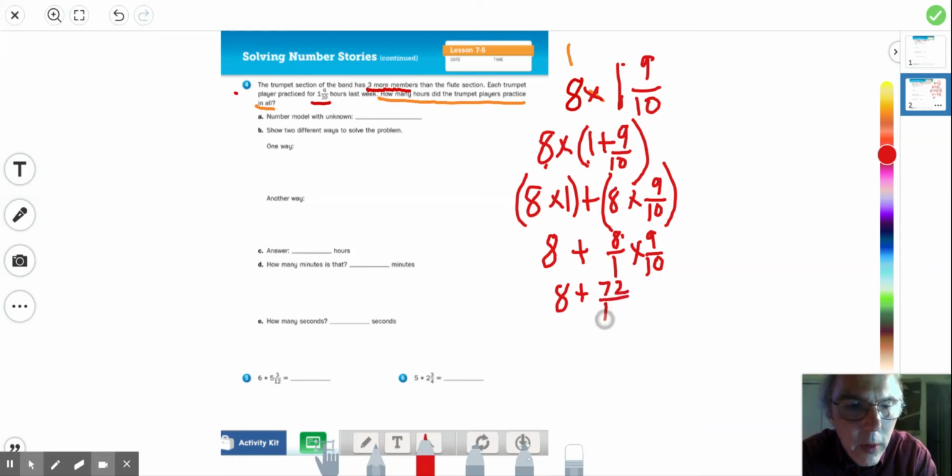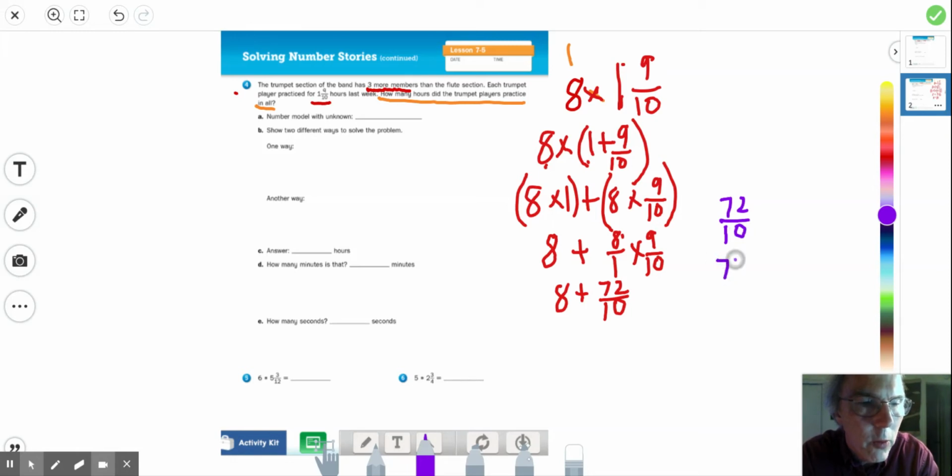Wow, we can't let that stay like that. So we're going to have to bring that one out to the side. So 72 over 10 is the same as 72 divided by 10.